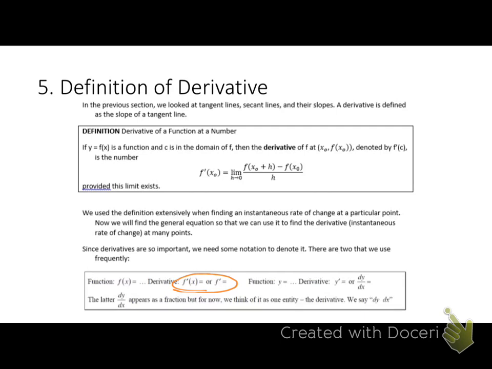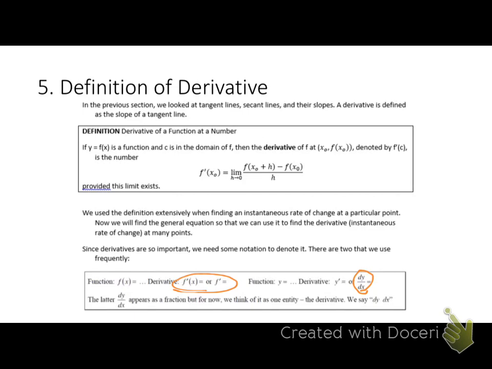Another way you can write it is y prime or dy dx. That's how you would say that fraction you see right here. It's not dy over dx, it is dy dx. And that'll be very important later on.